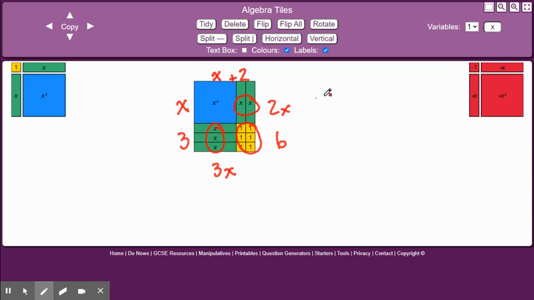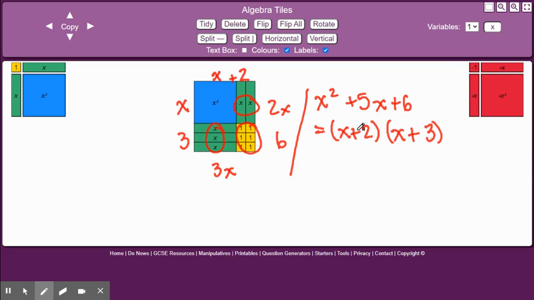So when we factor x squared plus 5x plus 6, we get x plus 2 in one of the brackets, and the other bracket is x plus 3. The order I write these in doesn't matter. I could write x plus 3 first, and then x plus 2 second, and that's totally okay.